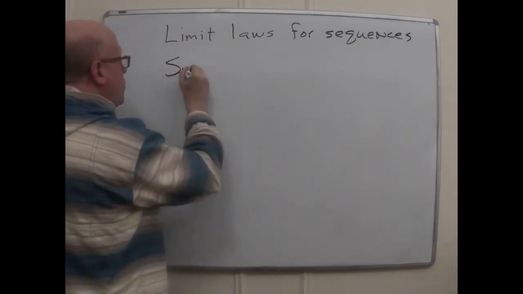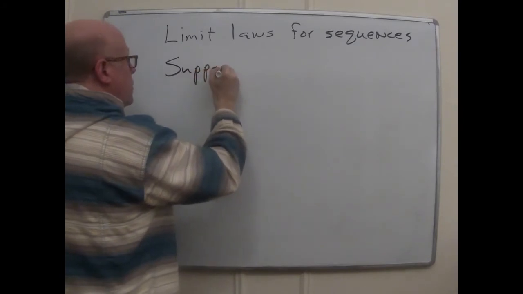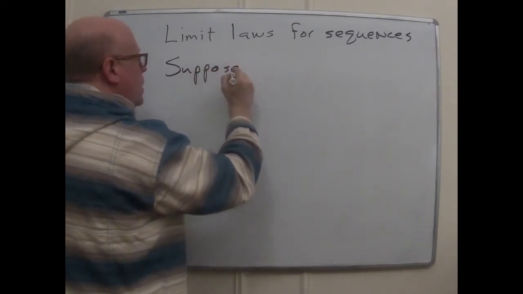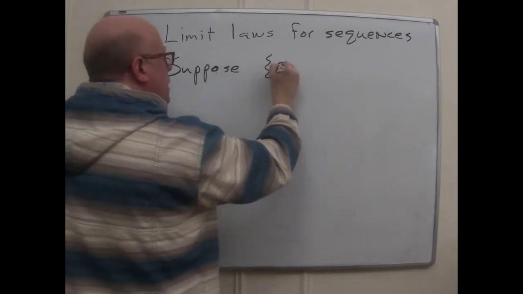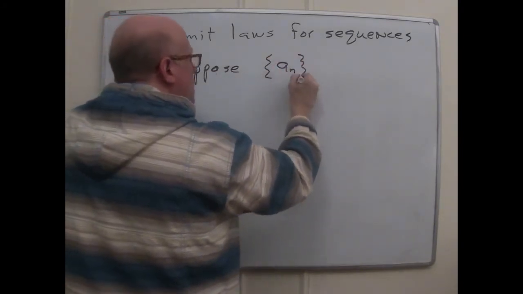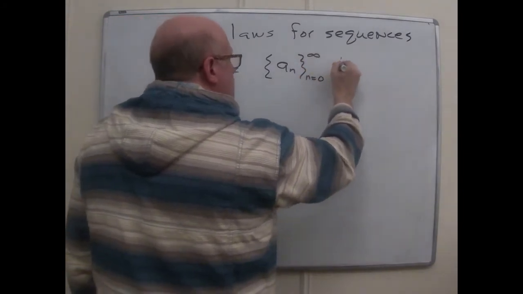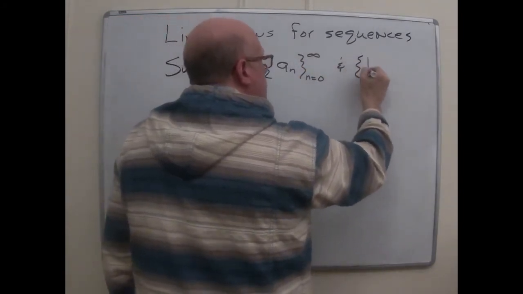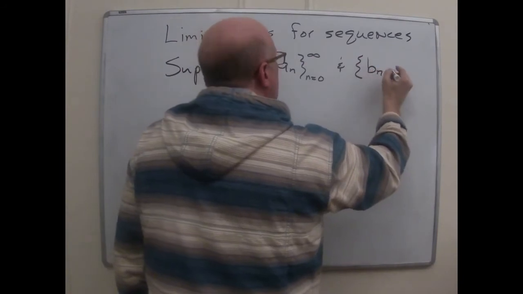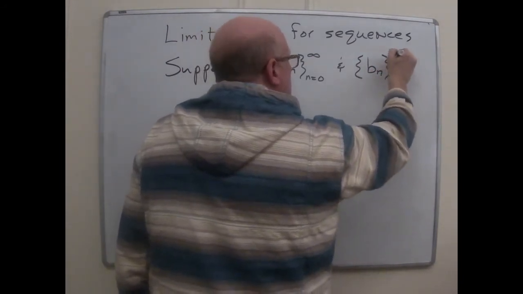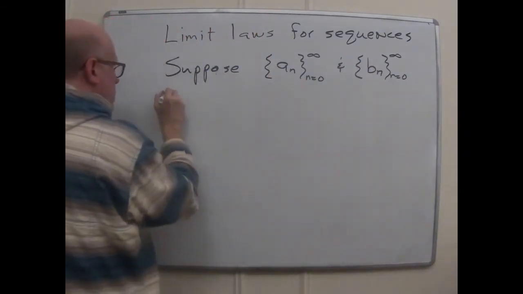So suppose a sub n, which goes from 0 to infinity, and b sub n, these are two sequences, and that they have known limits.